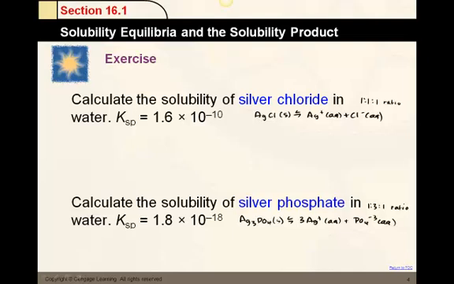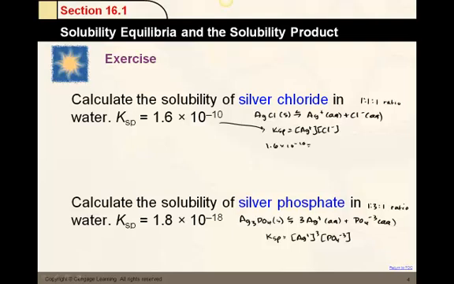So how are we going to solve? Well, we know that the Ksp value is the concentration of silver ions times chloride ions, and in the bottom one, the Ksp value is the concentration of silver ions cubed times phosphate ions. So what we're going to do is plug in the Ksp value given.